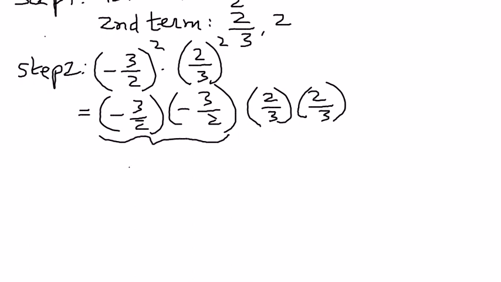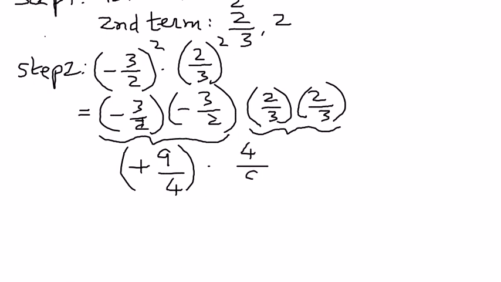Negative times negative is a positive, 3 times 3 is 9, and then in the denominator we have 2 times 2, which is equal to 4. We're going to take this and multiply it by the simplified form of these two fractions: 2 times 2 is 4, divided by 3 times 3 is 9.